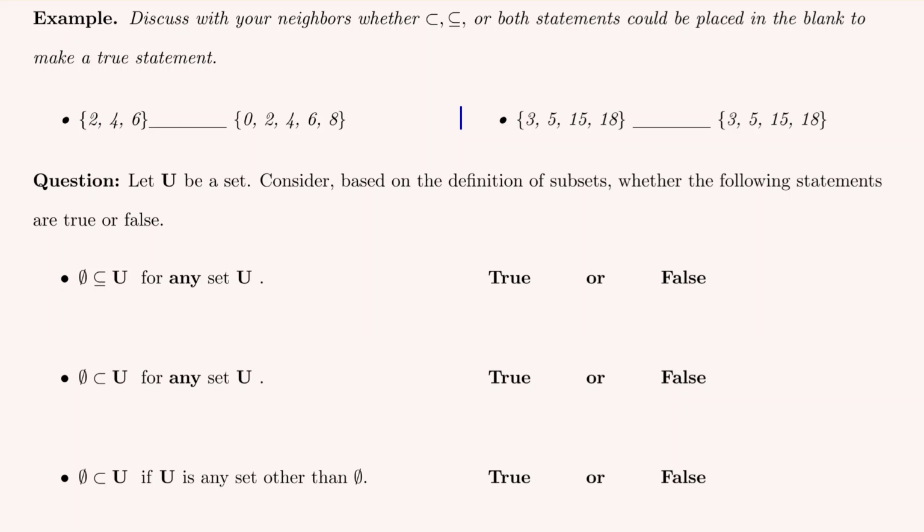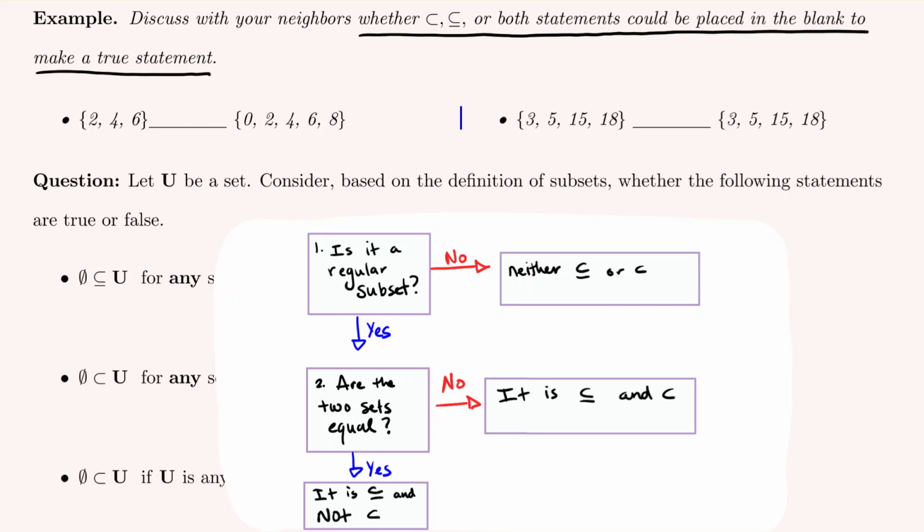Because if it's not a regular subset, it can't be a proper subset. If it is a regular subset, then you check the additional thing: are the two things not equal? Because if it's a regular subset and it's not equal, then by definition, it's a proper subset. So this will be the flow chart of logic that we're going to go through for these types of problems. First step, check if it's a regular subset.